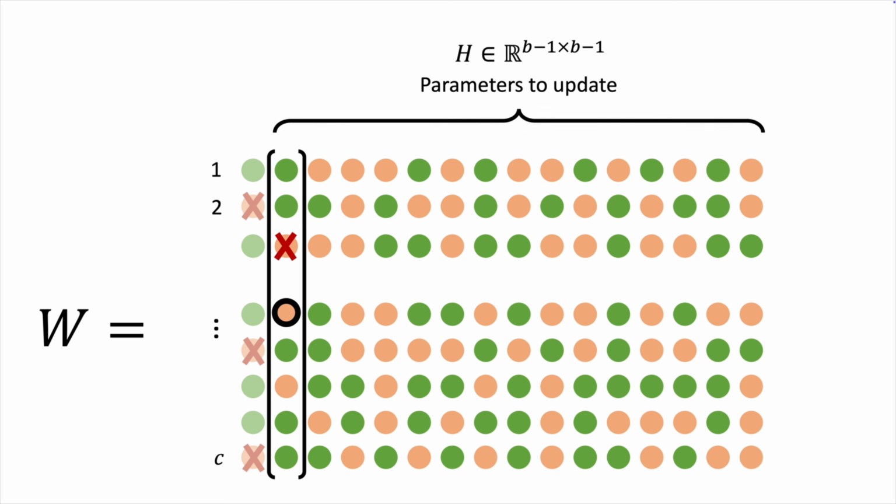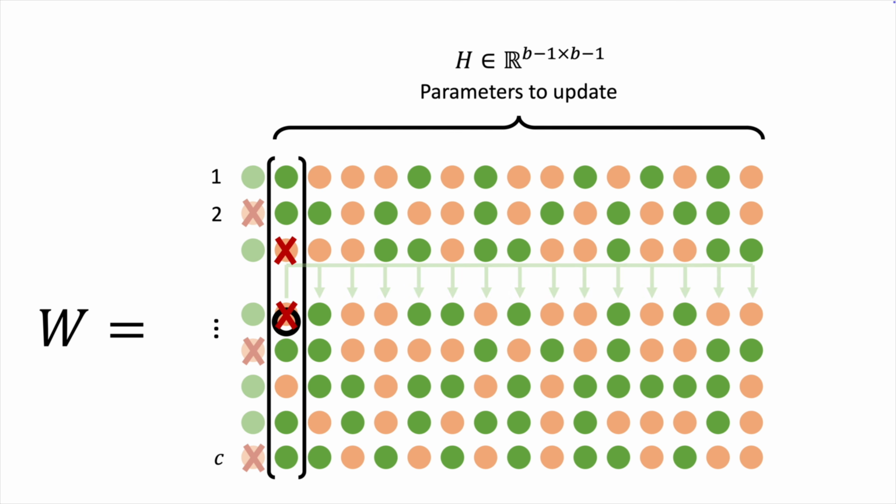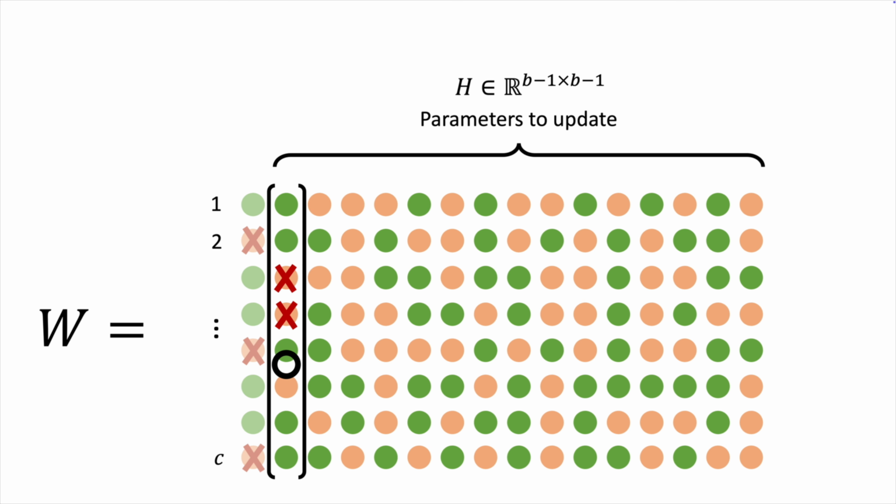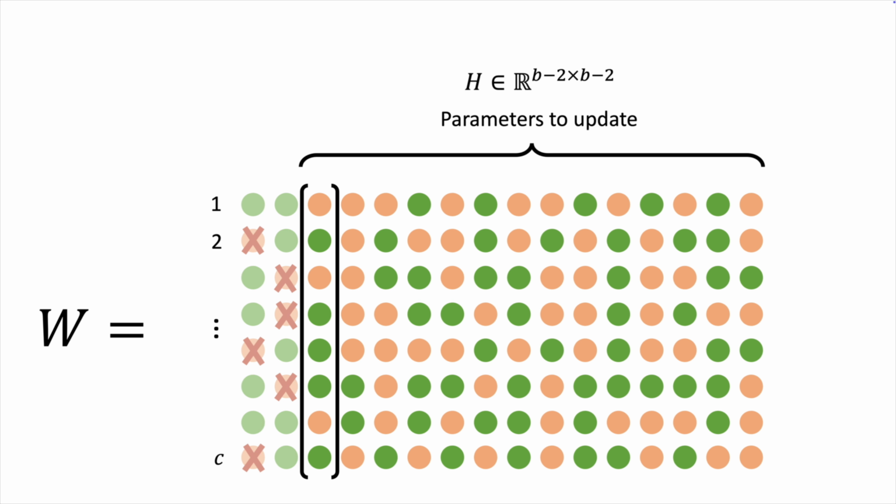SparseGPT now moves to the second column. The first column fades because it can no longer participate in the optimization, and the active Hessian shrinks from B by B to B-1 by B-1. Again, we process the current column from top to bottom. Selected weights are set to 0, preserved weights remain unchanged, and the compensation caused by removal is propagated only to the parameters on the right.